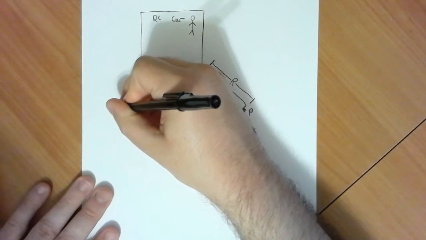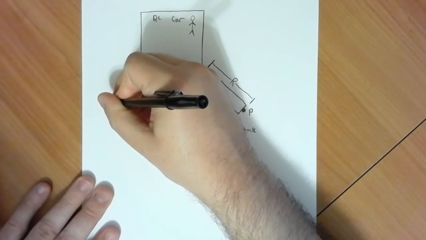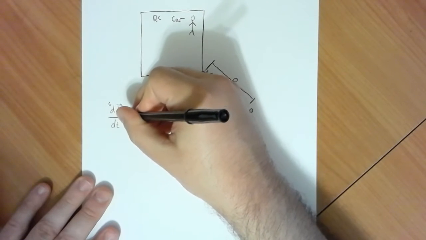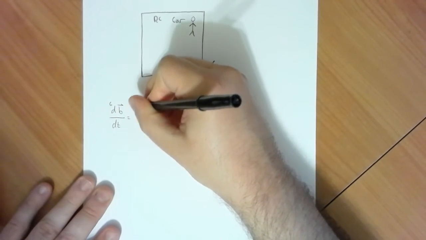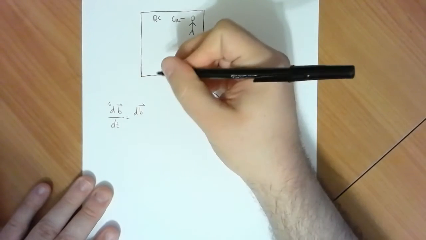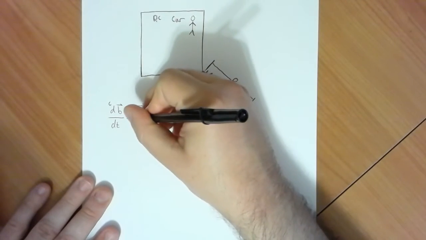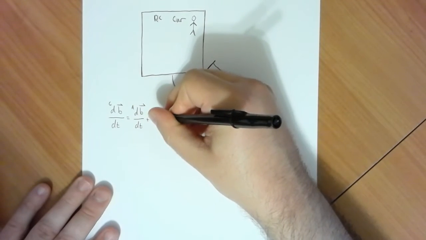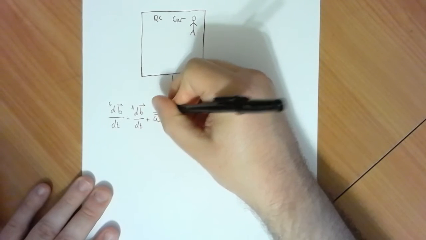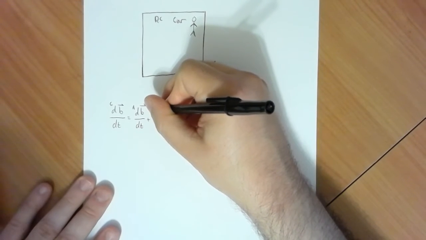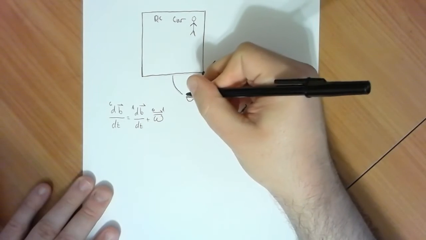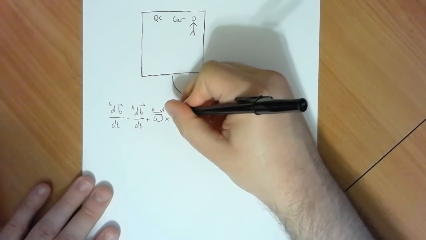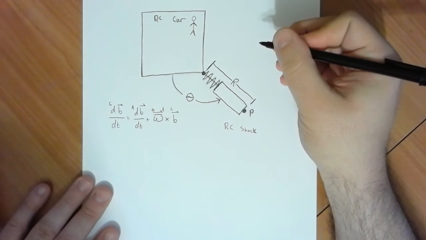It's the derivative of some vector in what I'll call reference frame G with respect to time is going to be equal to the derivative of the same vector in reference frame A with respect to time plus the rotation from one reference frame to the other reference frame cross that same vector again in the G reference frame.